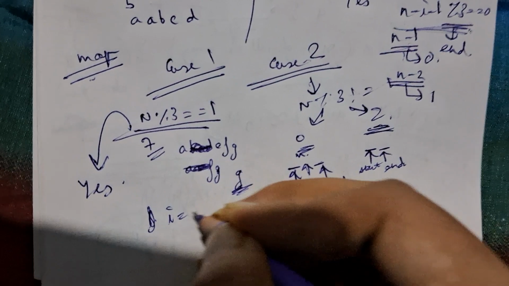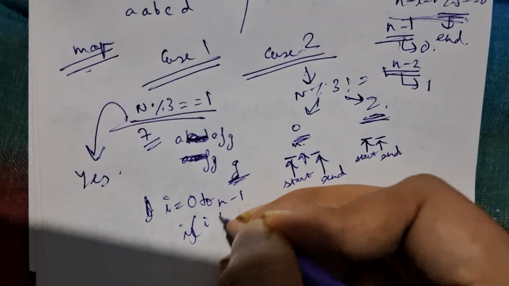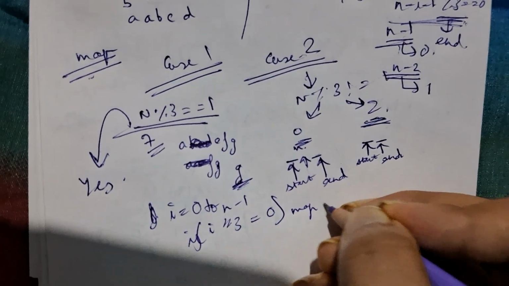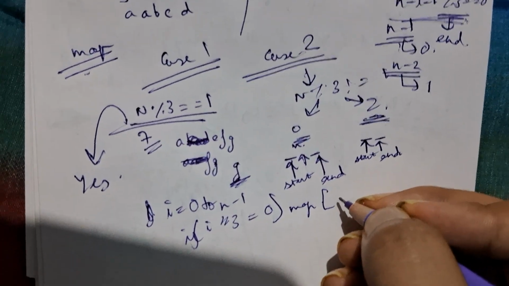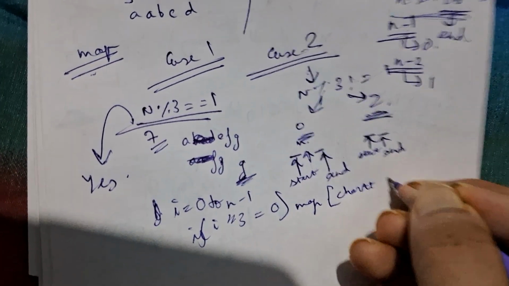You can run the loop from 0 to n minus 1, and if i mod 3 is equal to 0, you can put in the map the character at position i.